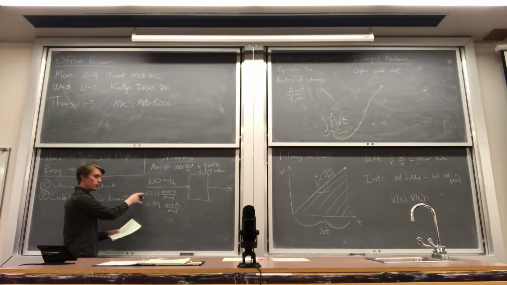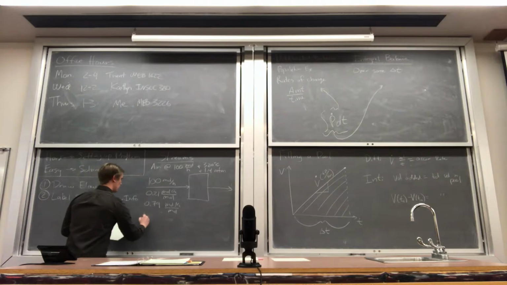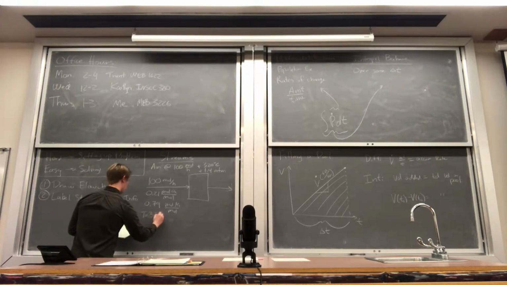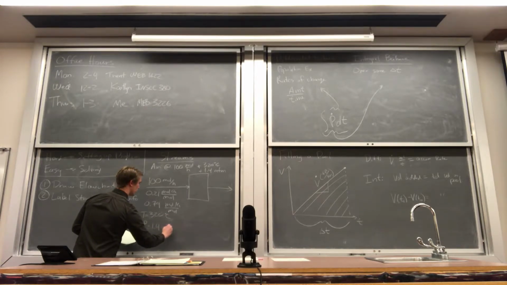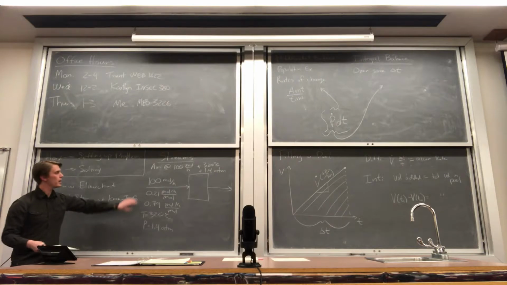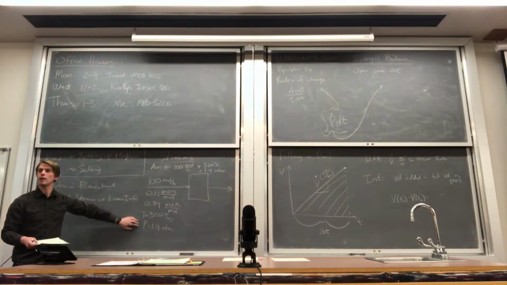This is the composition of the flow stream. Temperature equals 320 degrees Celsius, and pressure is equal to 1.4 atmospheres. Right? This is one possible way that we can communicate all that information.